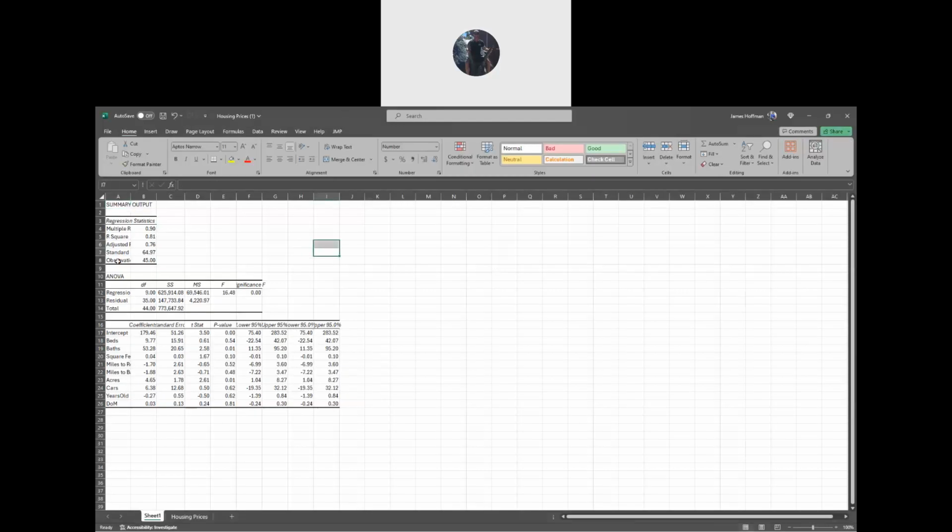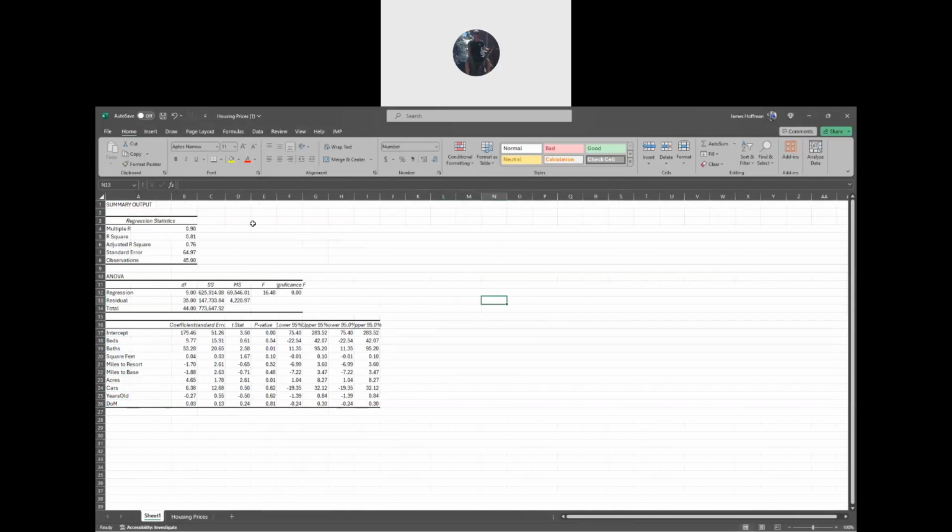So if you did this part correctly, you should have the variables beds, baths, square feet, miles to resort, miles to base, acres, cars, years old, and then days on market. And we're going to do some reducing, but if you look just firsthand, it looks like beds increase the price, baths increase the price, square feet increases the price, and the farther away you are from the main resort or the base, it goes down.